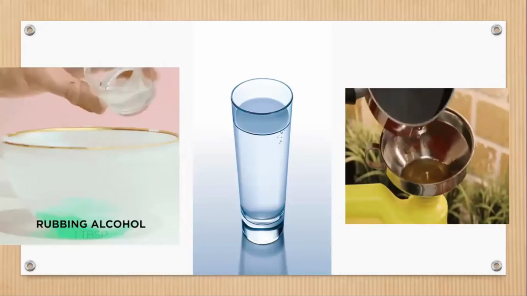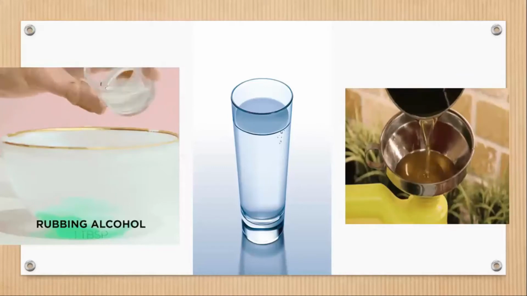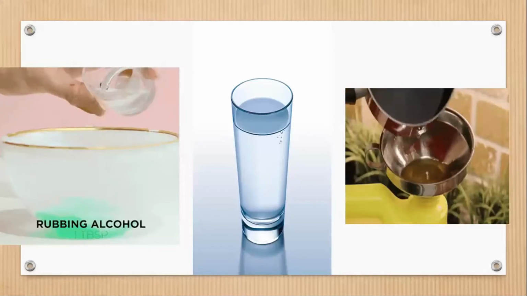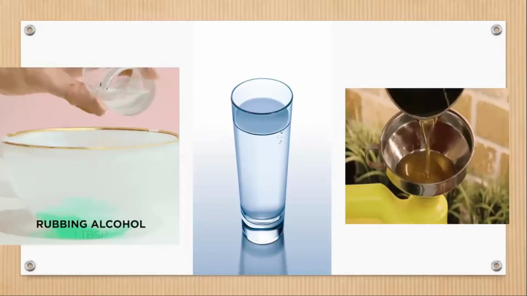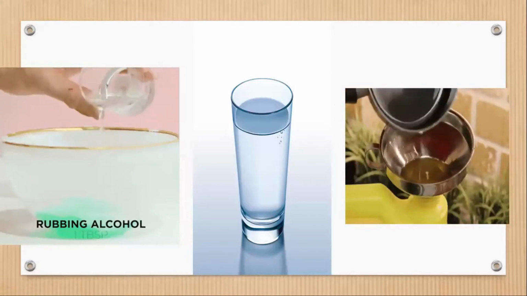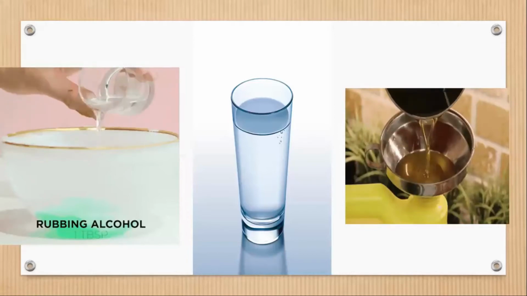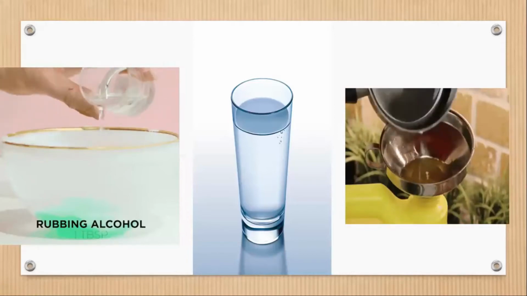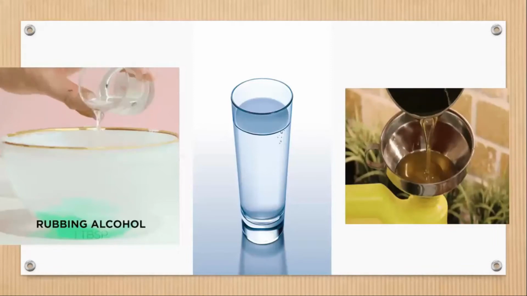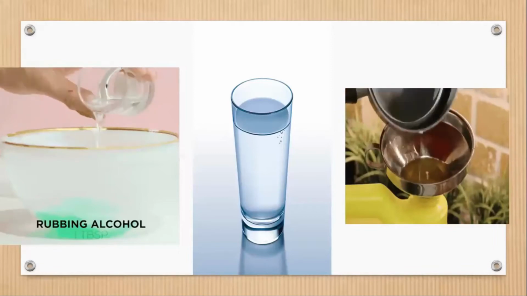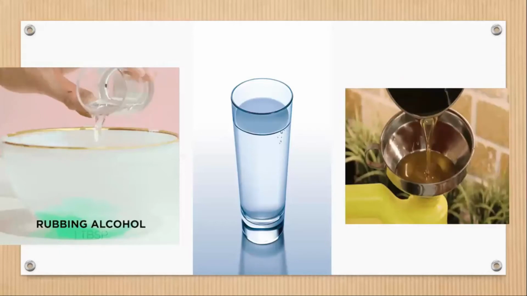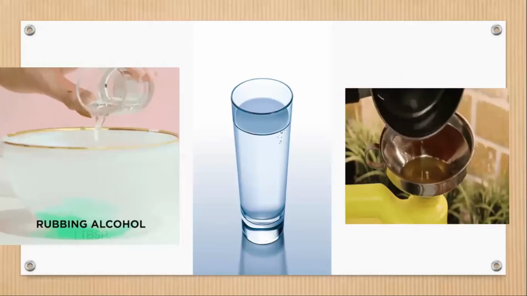If your answer is no, you are also correct because it has something to do with the nature of the solute being placed in the solvent. So for all we know, rubbing alcohol will dissolve in water while oil will not.